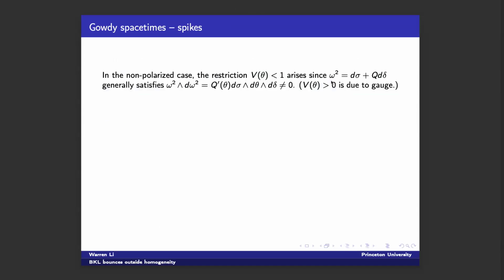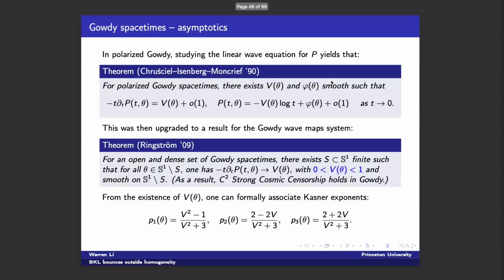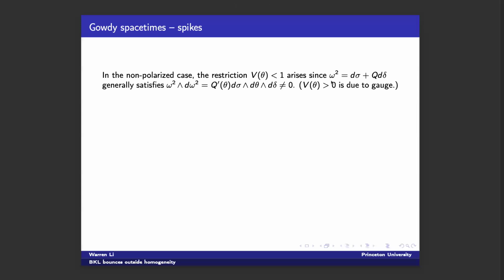Okay, where does this condition that v(theta) is less than 1 come from? If you look at P2, you'll see that v(theta) greater than 1 corresponds to P2 being negative. And that means that if we believe BKL, this one-form omega 2 should in some sense be integrable.